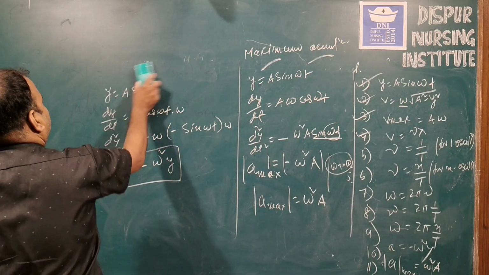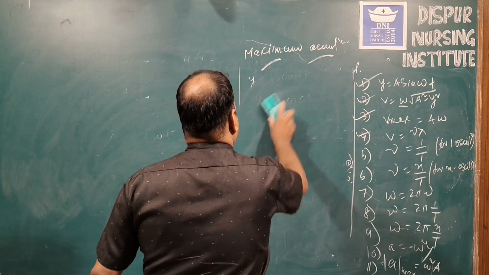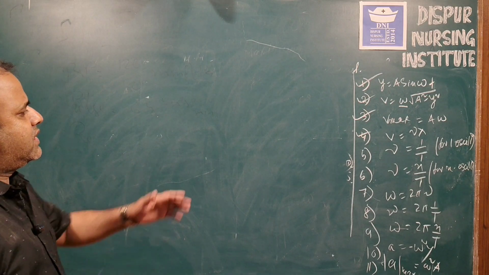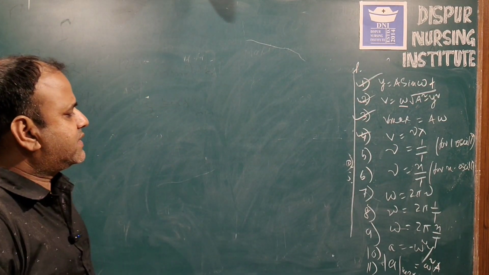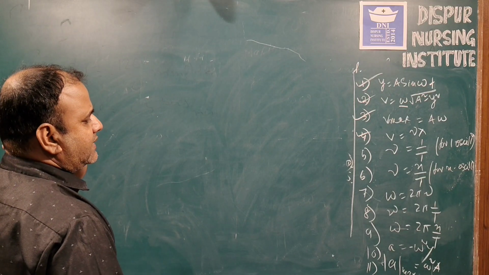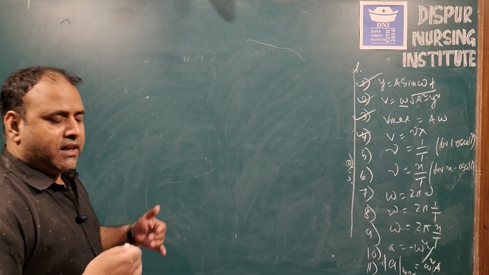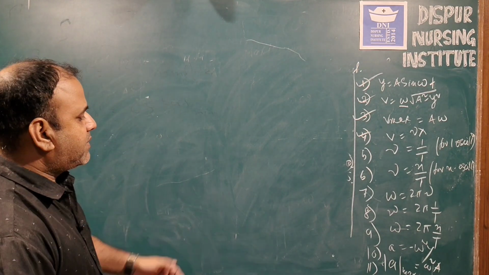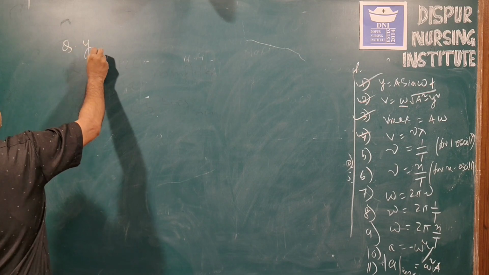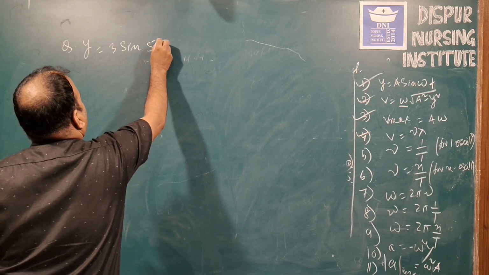These are the formulas I am going to discuss. Suppose I am going to discuss the acceleration and maximum acceleration, and how we can solve them as a numerical. Suppose one question is given: y is equal to 3 sin 5 pi t.